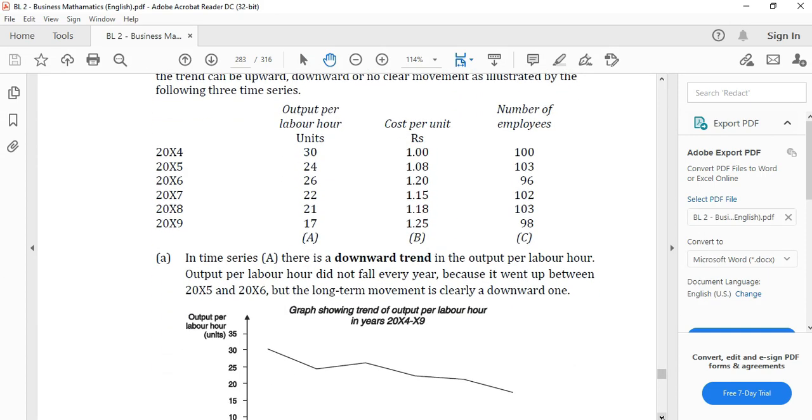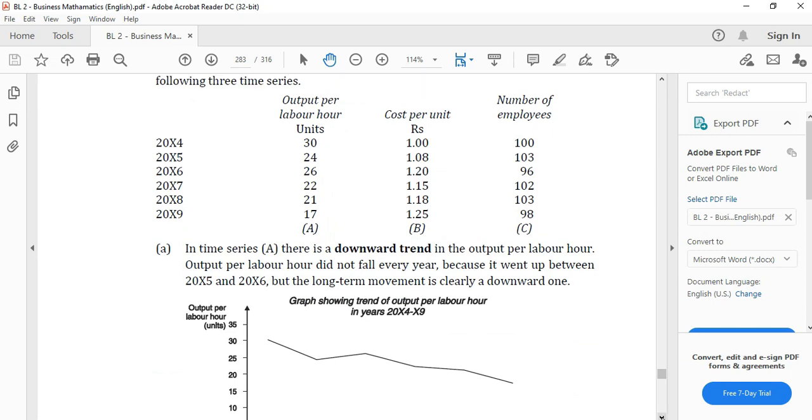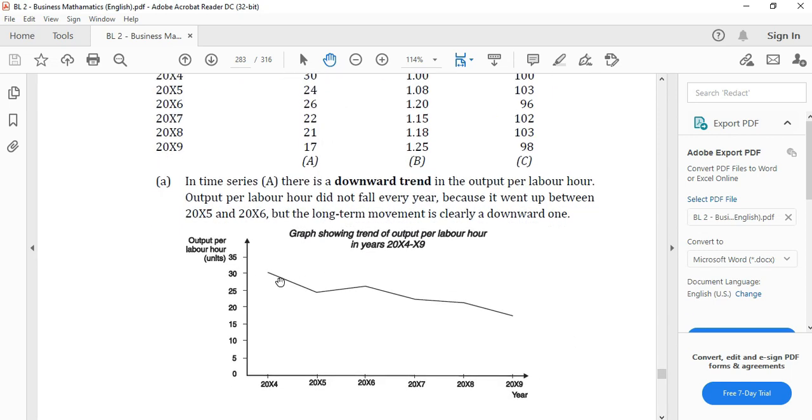Trends can be downward. When the graph goes this way, it's a negative correlation, or something negative. It's a downward trend, because as the years are increasing, the output per labor is reducing.